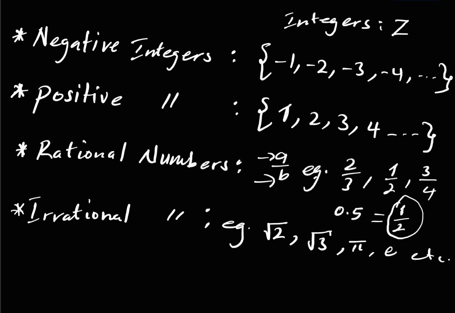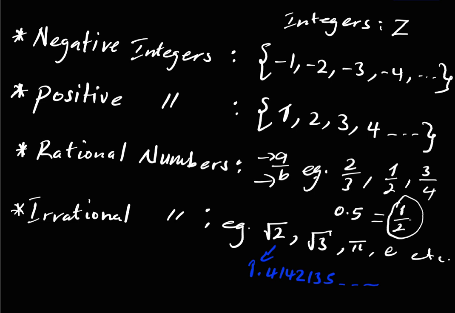For example, let's test the square root of 2. Now, if you punch the square root of 2 in a calculator, you will get 1.4142135, and then it continues because it is irrational.